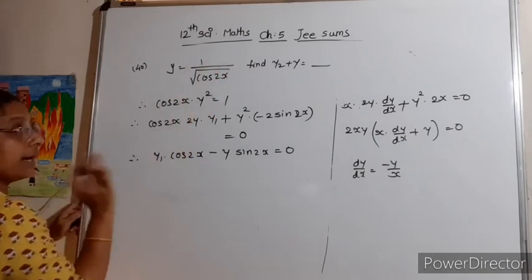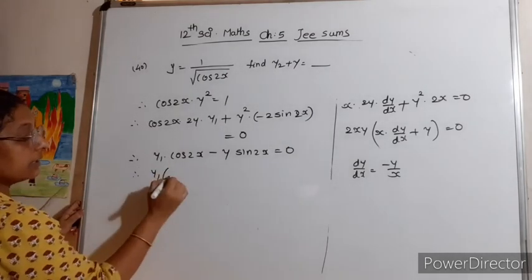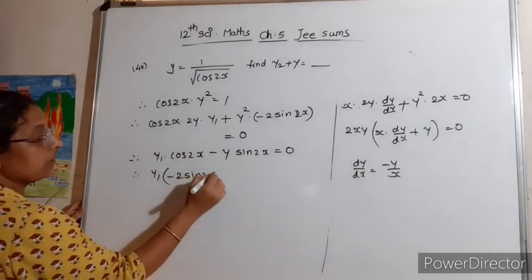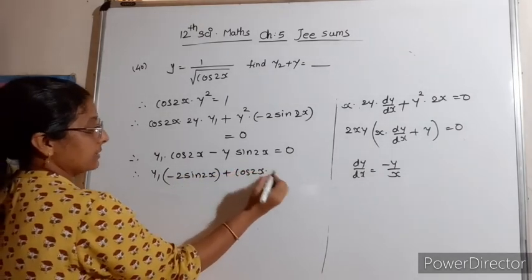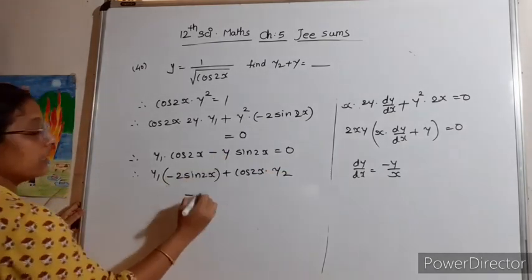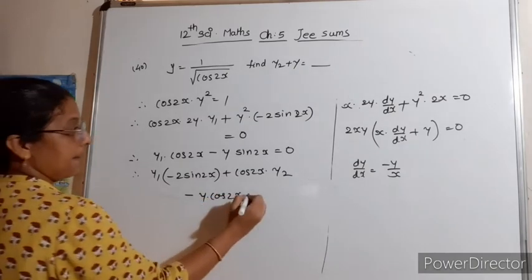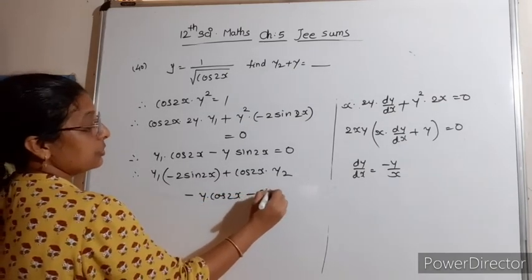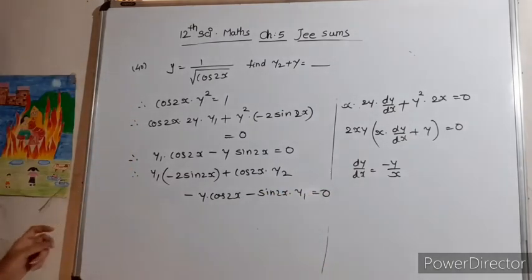So y2 plus y आपको find करना है. y1 constant. Derivative is minus 2 sin 2x plus cos 2x constant, derivative y2, minus y constant, derivative of sin is cos 2x, minus sin 2x constant, derivative is y1, that is equal to 0.